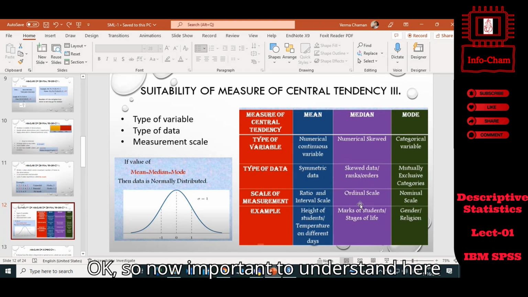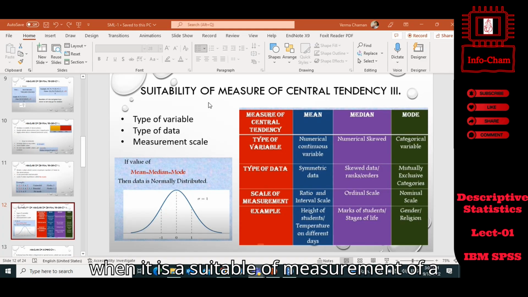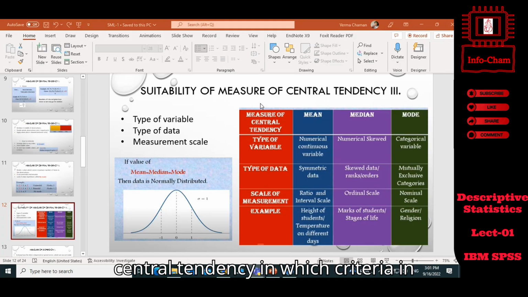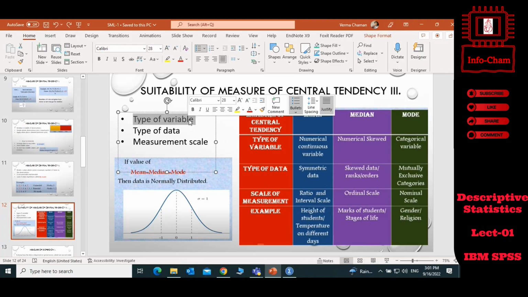Now it is important to understand when each measure of central tendency is suitable, under which criteria. So I put a small table here. It depends on the type of variable, which is your variable actually.